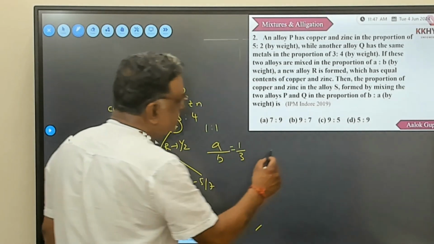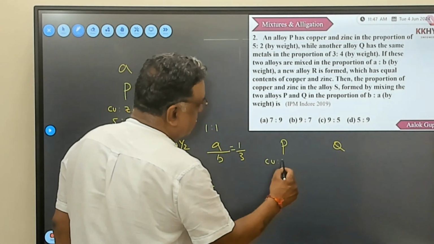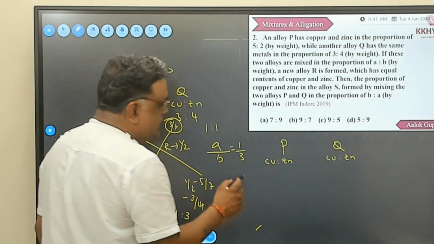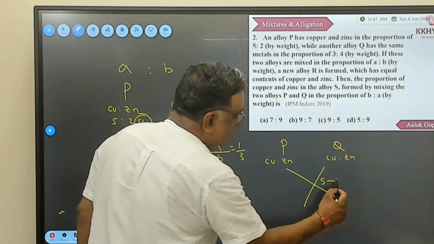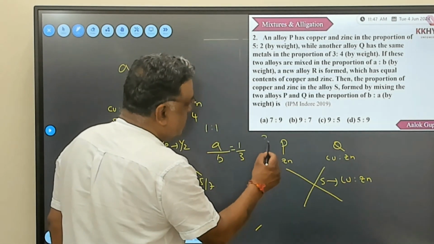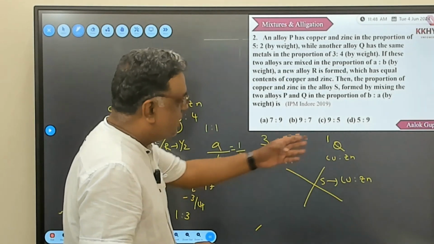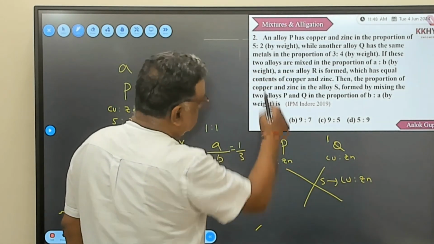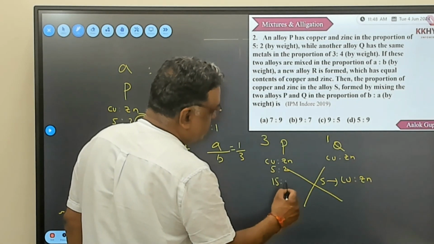Now what they are saying is P and Q, again they are mixing to form S. Now they are mixing in the ratio B:A. When they are forming S it will have copper and zinc as well. But now this is 3 parts and this is 1 part. So if I take 3 parts of this and 1 part of this, the ratio was 5:2, so 3 parts would have 15:6.